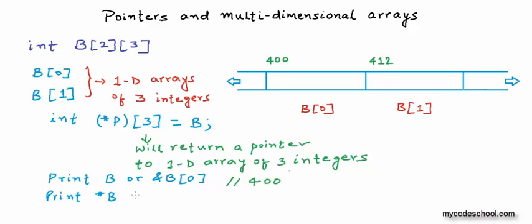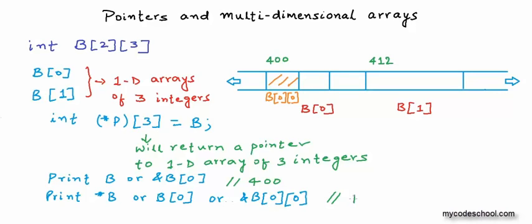If I will print asterisk p, which will be same as B0, then B0 this time is variable name for a one-dimensional array of 3 integers. So just using the name B0 will return us pointer to the first integer in B0, which will be accessed as B[0][0]. So I'm putting this ampersand sign here in front of B[0][0]. First integer in B0 will be this block of 4 bytes. Its address once again is 400.